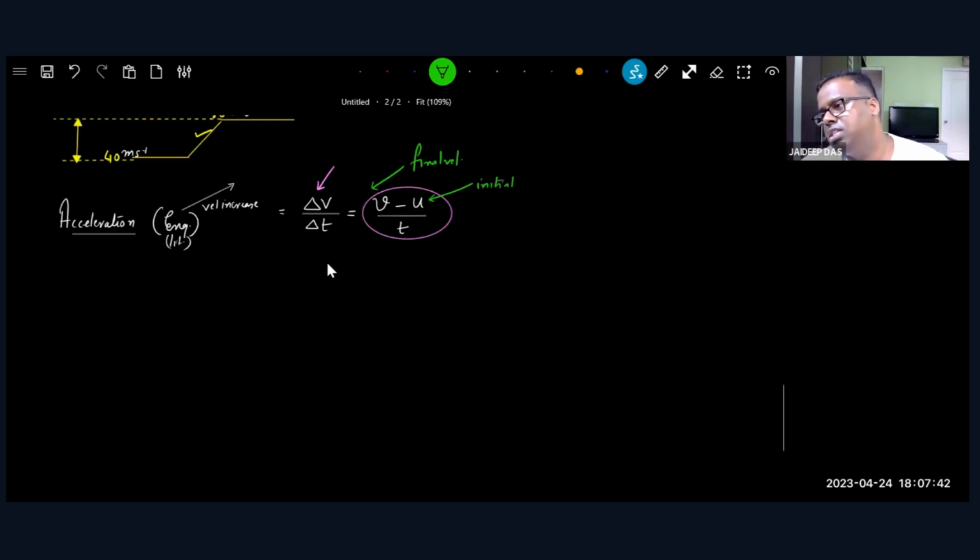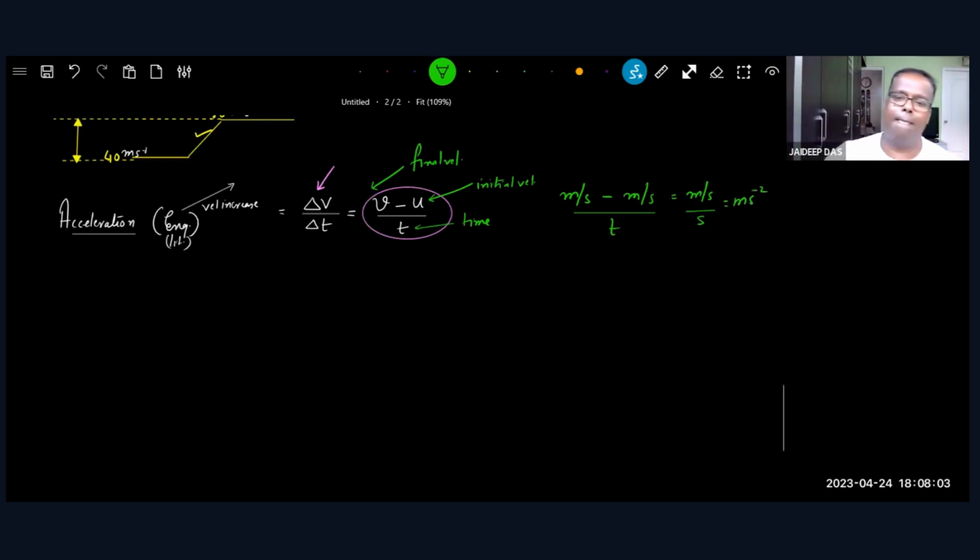I will first address Sanvi's question, then come to Aparna's question. Initial velocity, and this is time. So what does the unit become? Meter per second minus meter per second, so it will be meter per second on the top, and time is in seconds. It becomes meter second minus 2.